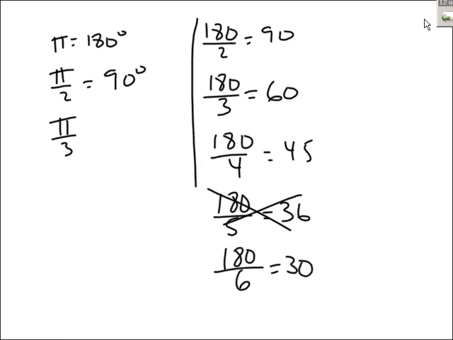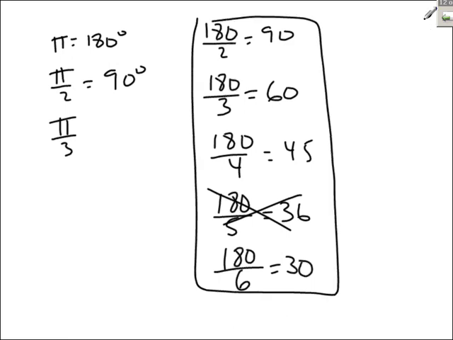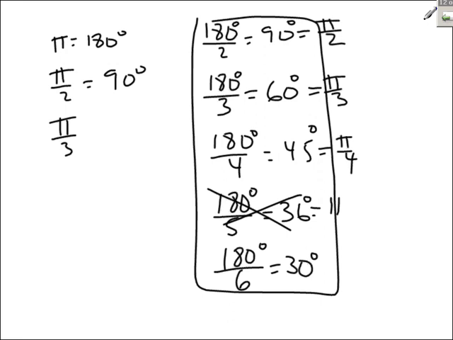You should definitely know this. You should know how to divide 180 by 2, 3, 4, and 6. Four numbers. And 180 is the same as pi. So it's 180 over 2, it's 180 over 3, 45 is 180 over 4. 36 degrees is pi over 5. 30 degrees is pi over 6.